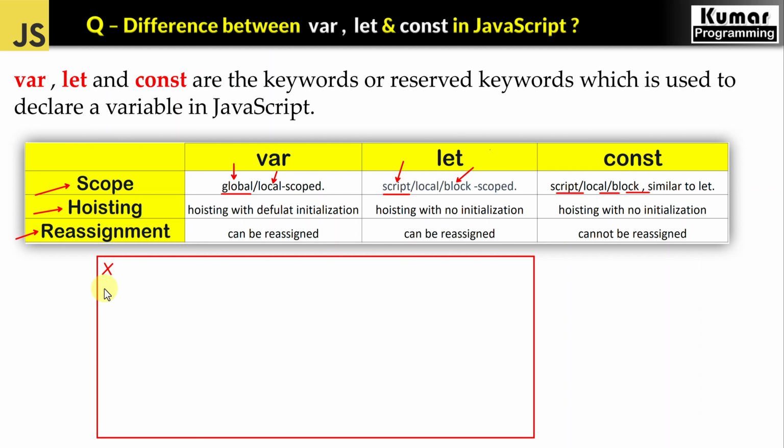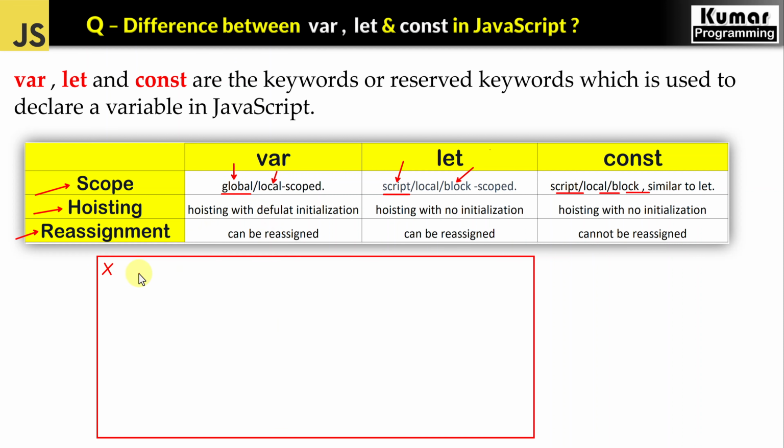However, we should avoid this global variable declaration. That I'll cover in a separate video where I'll explain the best practices of JavaScript. But here just try to understand the scope of a var variable. So here we have a big application and we have declared a variable x. This x variable is accessible throughout the application because it has the global scope, right?